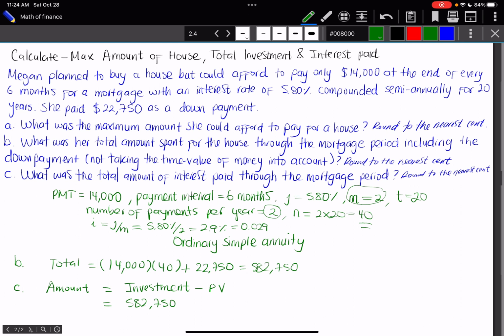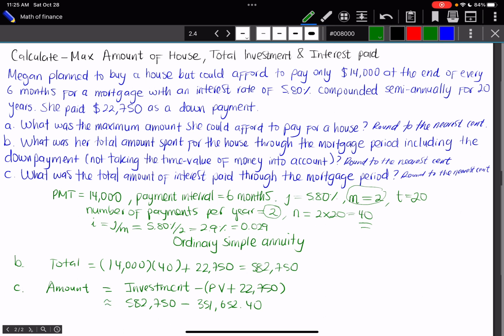And then we subtract, and remember we had the present value plus the amount 22,750, based on the variables we had. It's the present value of those payments of $14,000 every 6 months for 20 years, plus a down payment. So we take this and subtract what we got from part A of this problem, and that was $351,652.40.